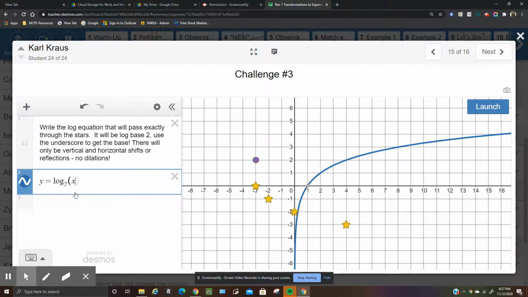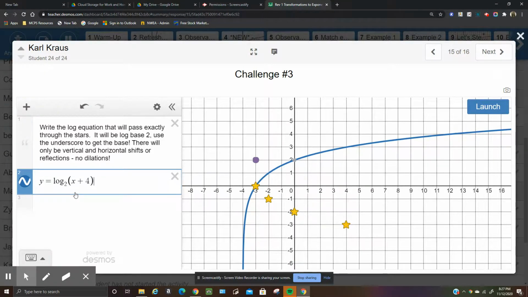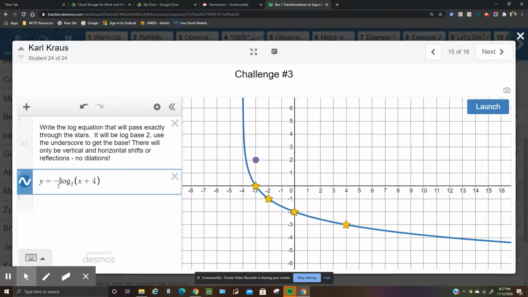So let's do +4. And then we want to flip it. So a minus there, that works. So the negative is a vertical reflection, or a reflection about the x-axis. And x + 4 makes the asymptote to be -4 there.